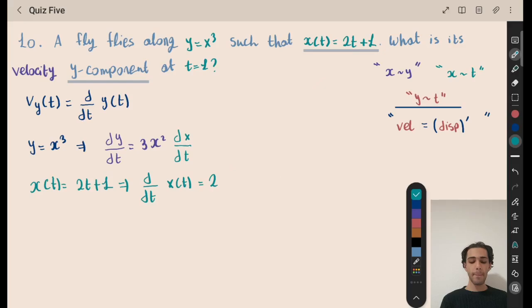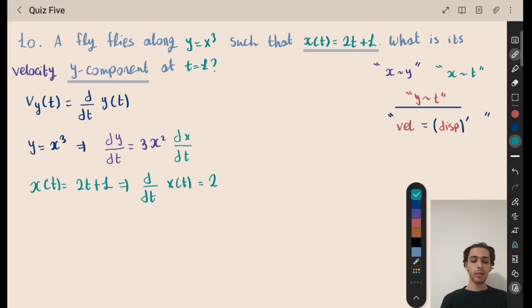I'm happy. And it seems that taking the derivative of y and x with respect to time was a really good idea, because y is the y component of the fly, x is the x component of the fly, and they are both changing with respect to time. So in some sense, they are functions of time. So it's a good choice to make there.